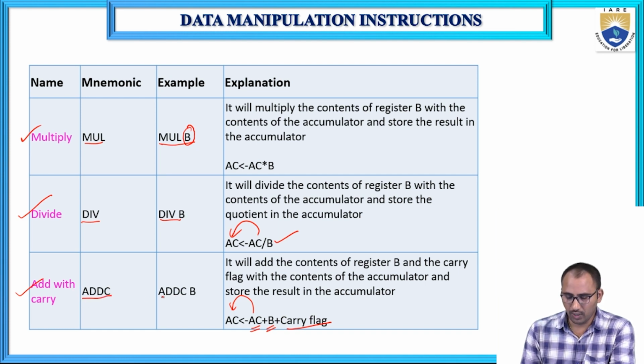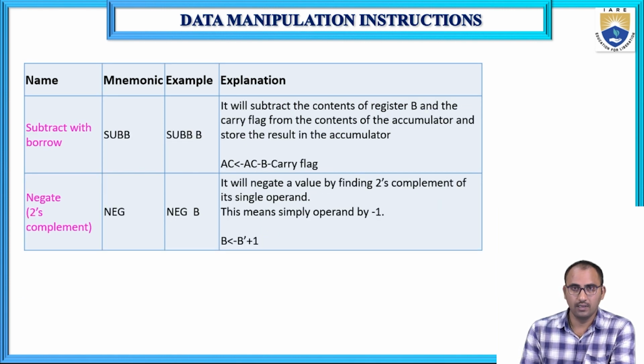The example is ADDC B. Next, subtract with borrow. The mnemonic is SUBB. Example, SUBB B. Here we are subtracting the B register content and the carry flag content from the accumulator, and the final result will be stored in the accumulator.